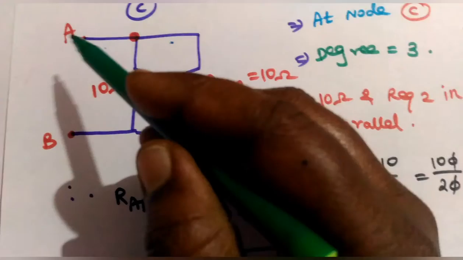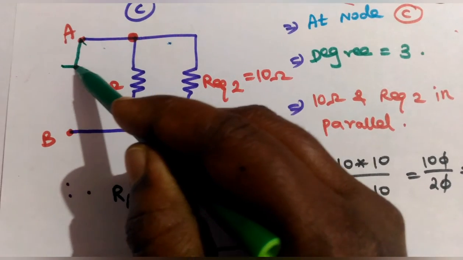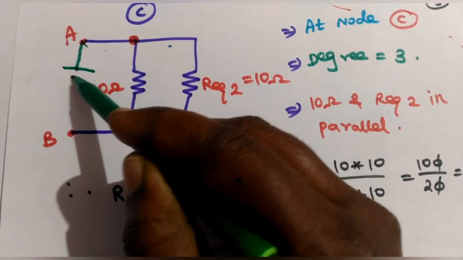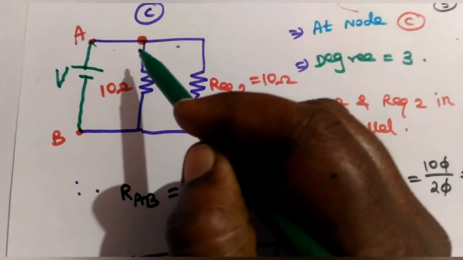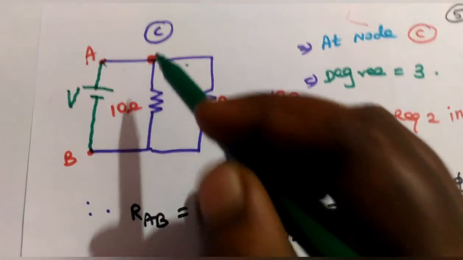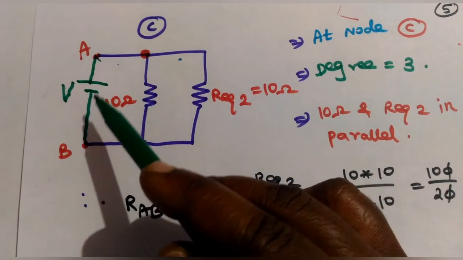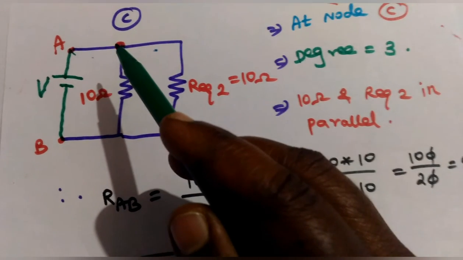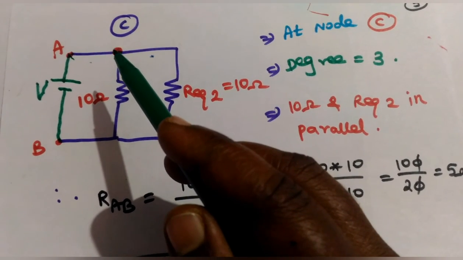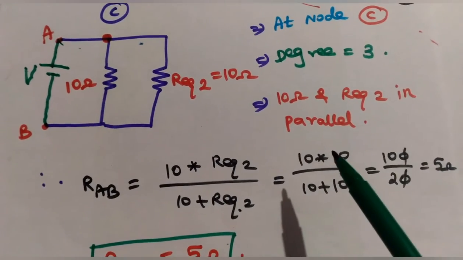Now again across the terminals A and B we want to draw a temporary voltage source, and after drawing it, we are going to consider a node C. At the node point C, how many elements are connected? One resistance, another resistance, and the voltage source. So there are 3 elements connected at the node point C. So here the degree of the node is greater than 2, so the elements 10 ohm and 10 ohm are both in parallel.